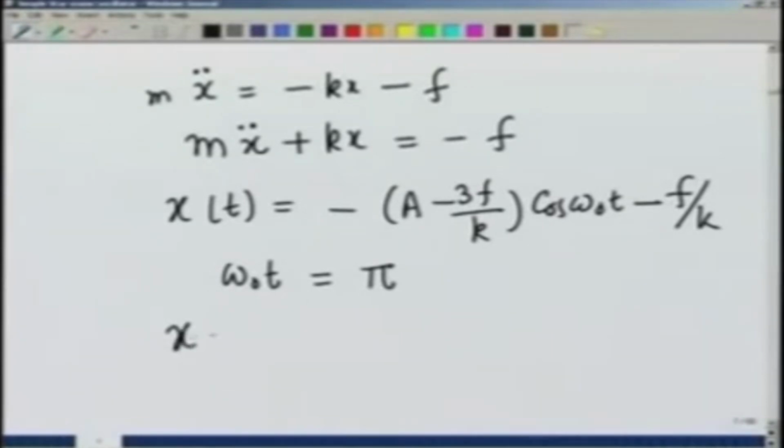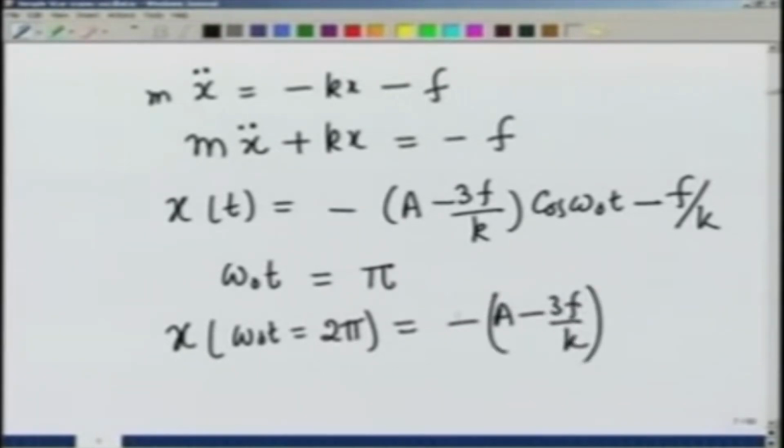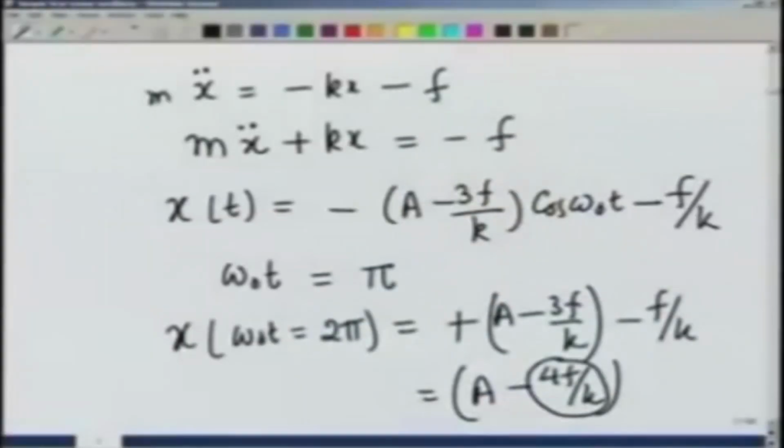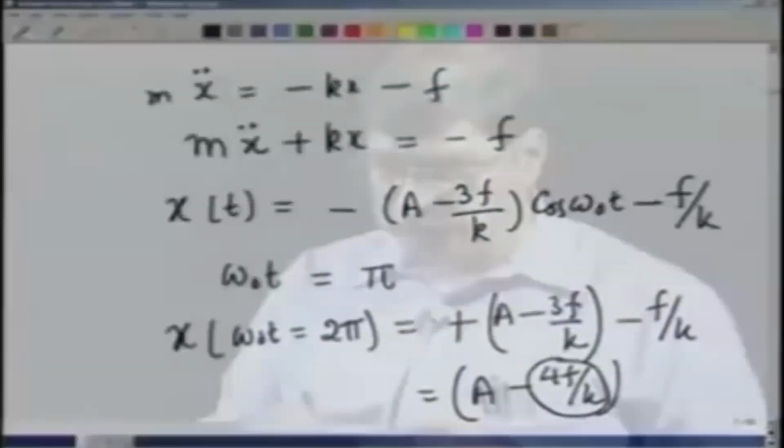Therefore, x after time such that omega 0 t is equal to 2 pi total after it started the journey right in the beginning is going to be minus a minus 3f over k times cosine pi, that will make it plus minus f over k, which is equal to a minus 4f over k. So during the entire cycle that the particle came this way and went back, it has lost the amplitude of 4f over k. How does the solution look?